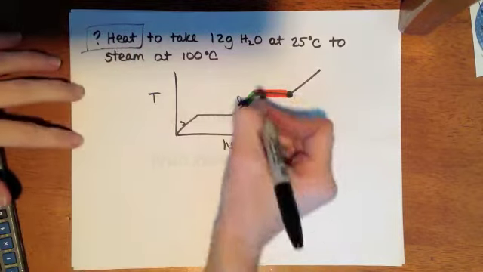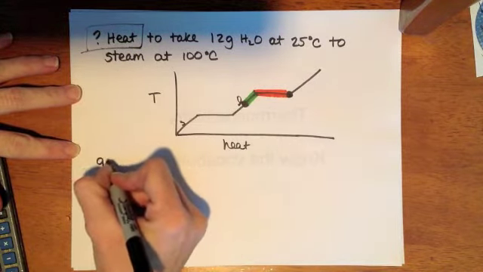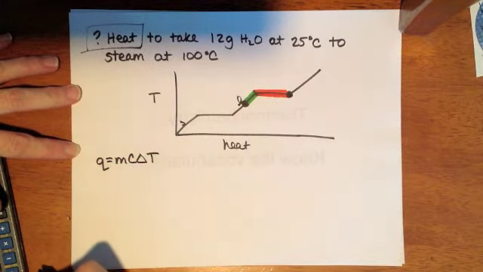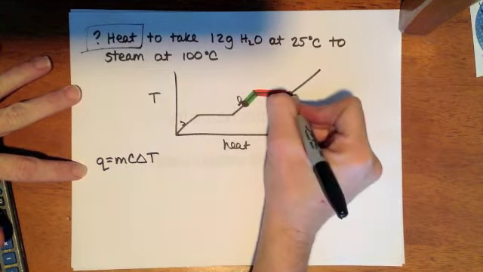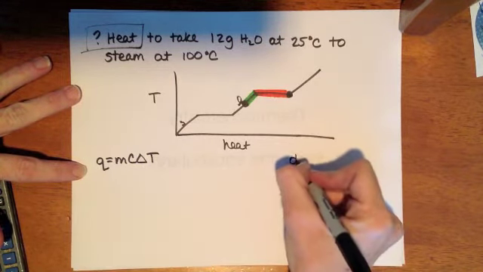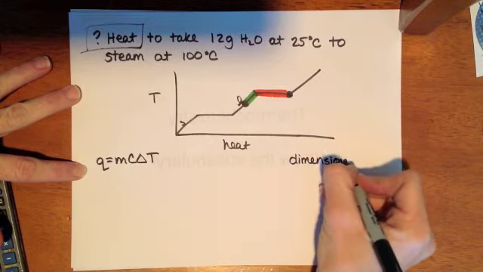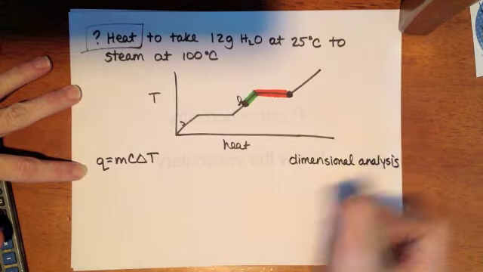So let's do the green part first. The green part, the slanted part, I said is Q equals MC delta T. And then the flat part is going to be dimensional analysis. So there it goes.